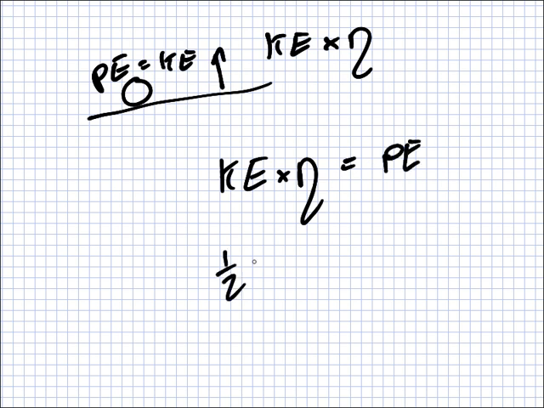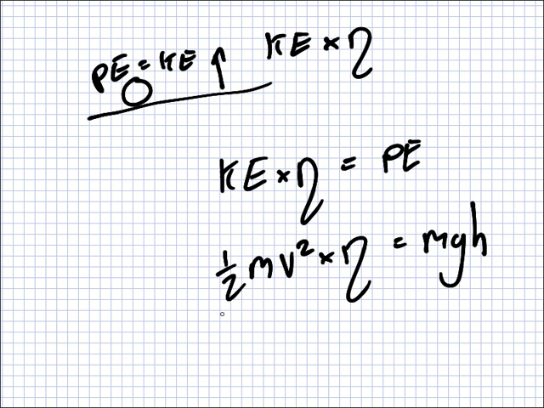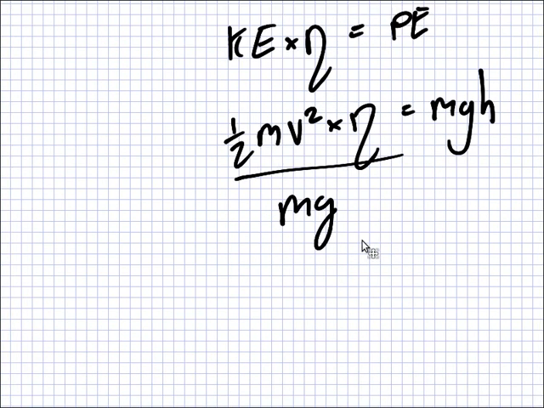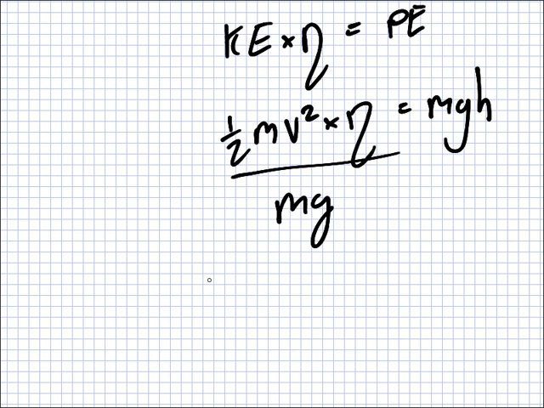So that's a half mv squared times that equals mgh. So the h is this over mg. So the maximum height is the kinetic energy over mg times efficiency.